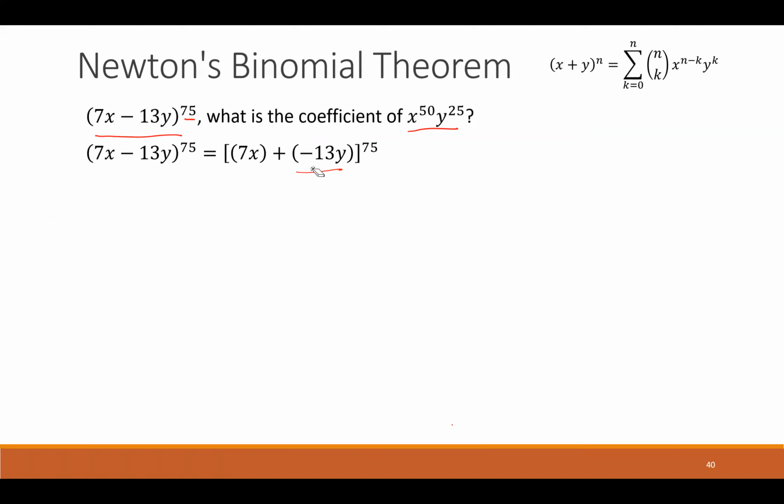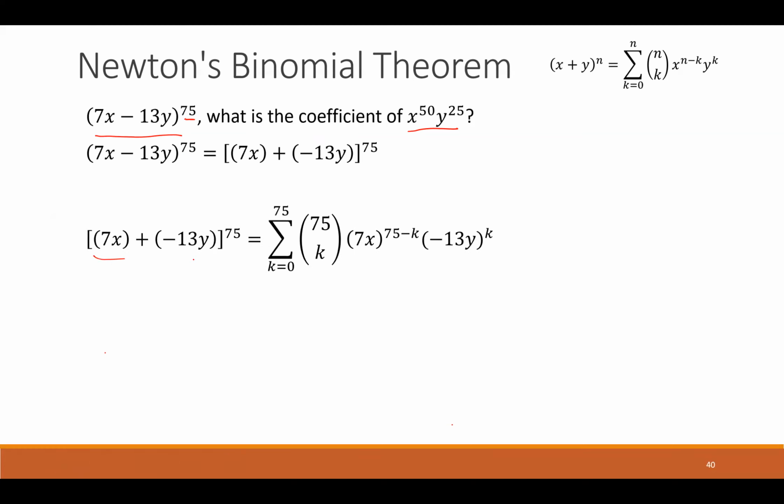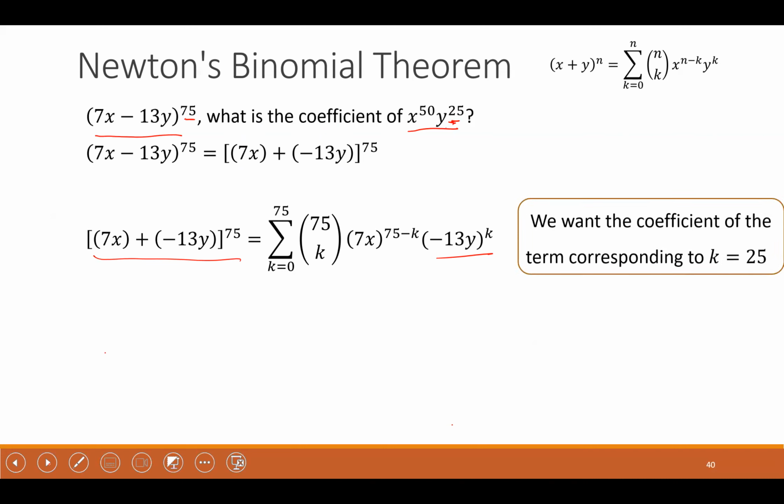I'm just going to do it implicitly. So using Newton's binomial theorem, I know that the y has to be raised to the 25. So here my k has to be 25. So then I can write out that term as 75 choose 25, (7x) to the 50, (minus 13y) to the, this should be 25.